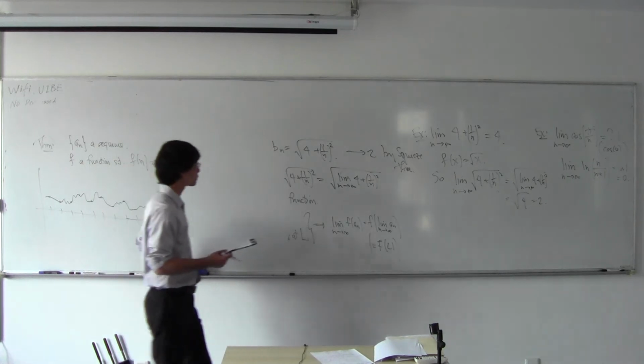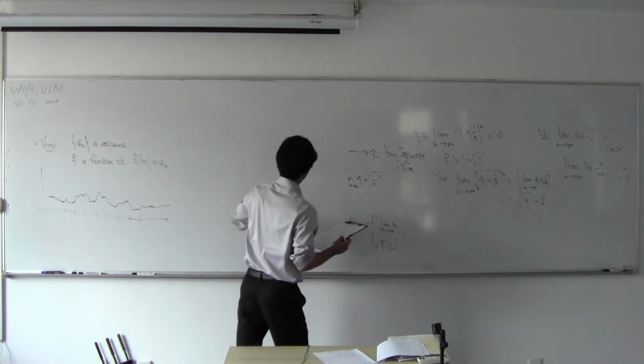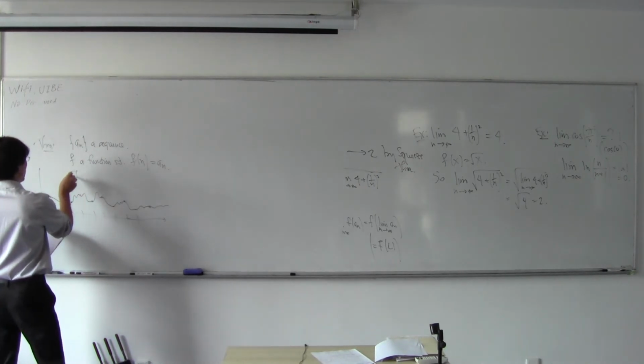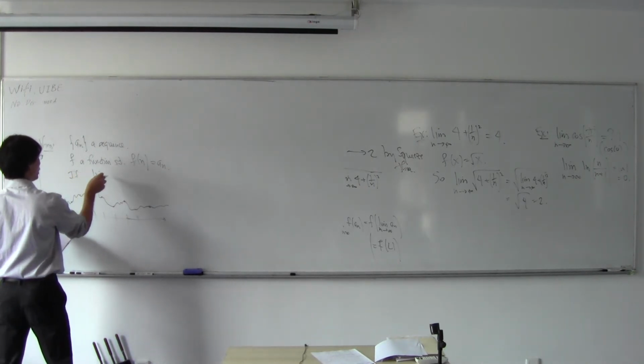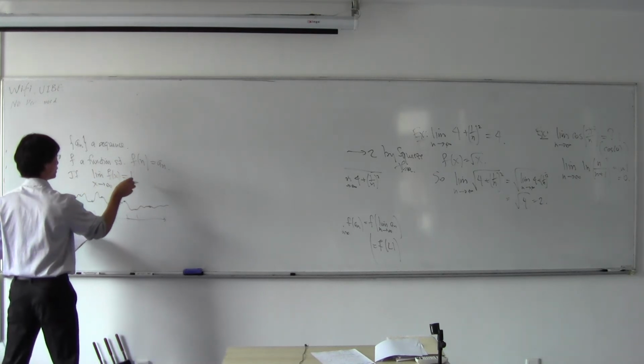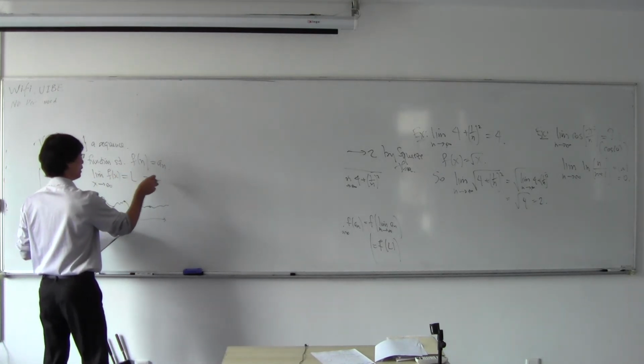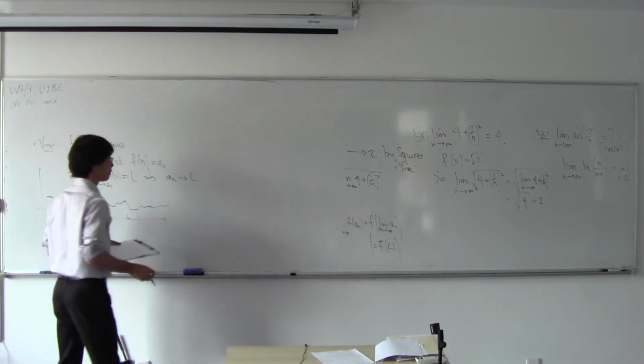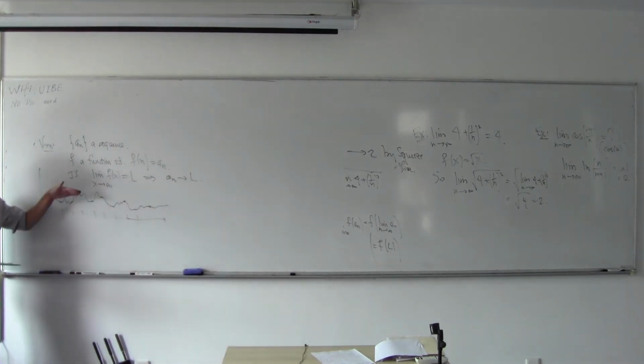Then, if the limit of the function as x goes to infinity exists and equals L, then a sub n also goes to L. If the function converges to something, then the sequence converges to something.